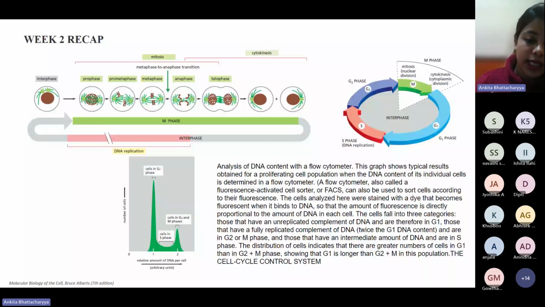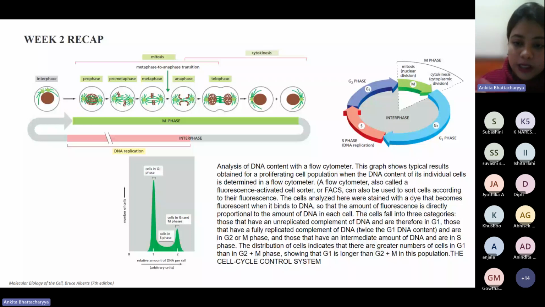So if a particular cell is currently dividing, or not dividing, when will it have more DNA? It will happen after that cell has doubled the amount of DNA within itself, right? So when it has more DNA, there would be more fluorescence, versus if it has less DNA, it would have less fluorescence.